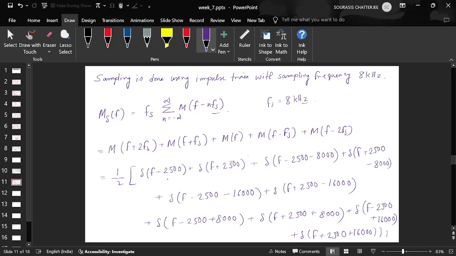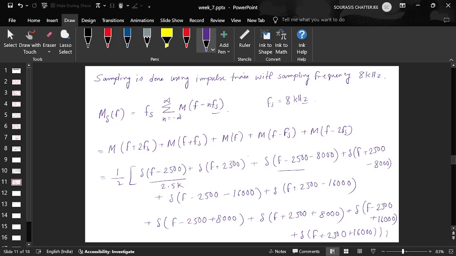So you can see this is a spike at 2.5k. Let us talk about the impulse functions in the positive domain first. Then we will see the negative ones are just counterparts of the positive domain.